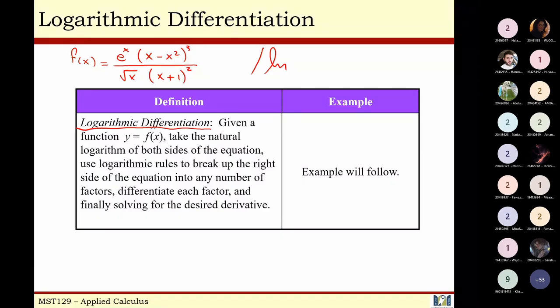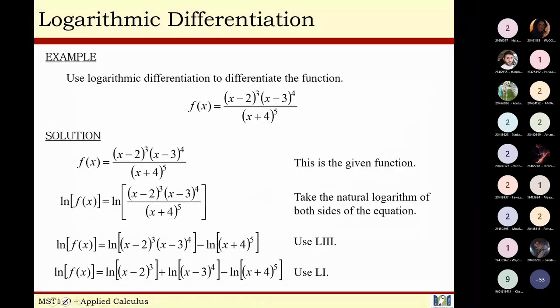We must take the ln for both sides because this is without ln, so we cannot distribute the ln. I don't have ln, how can I distribute ln? So we must put it or distribute the ln on both sides, for the f and for the fraction on the right hand side. Okay. So I ask you this question.